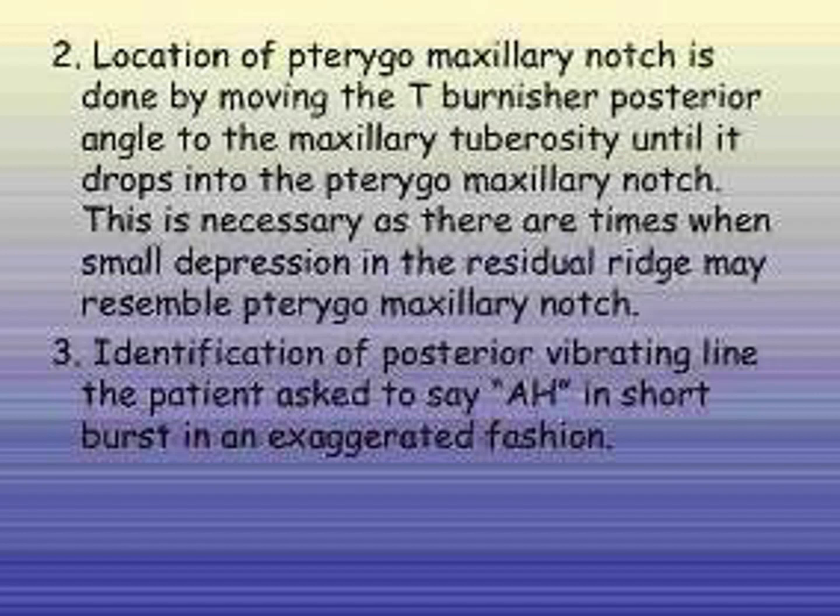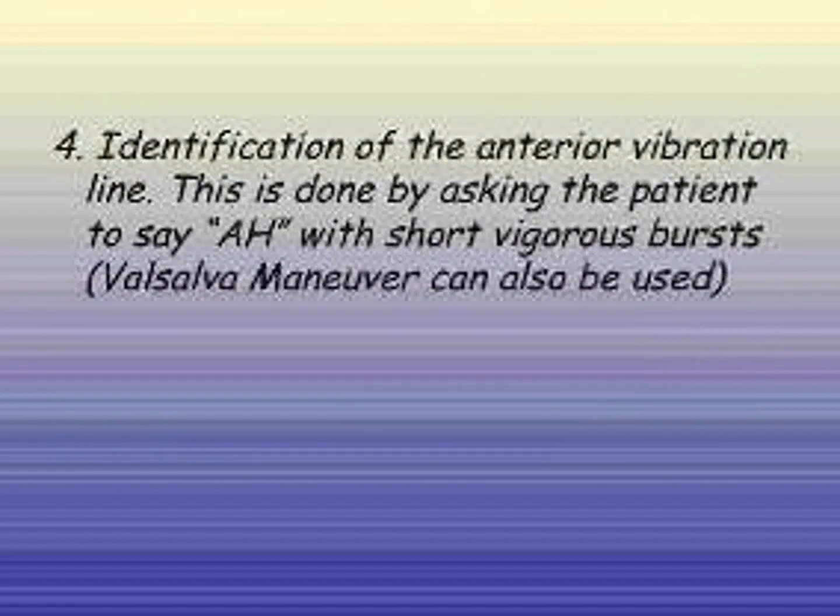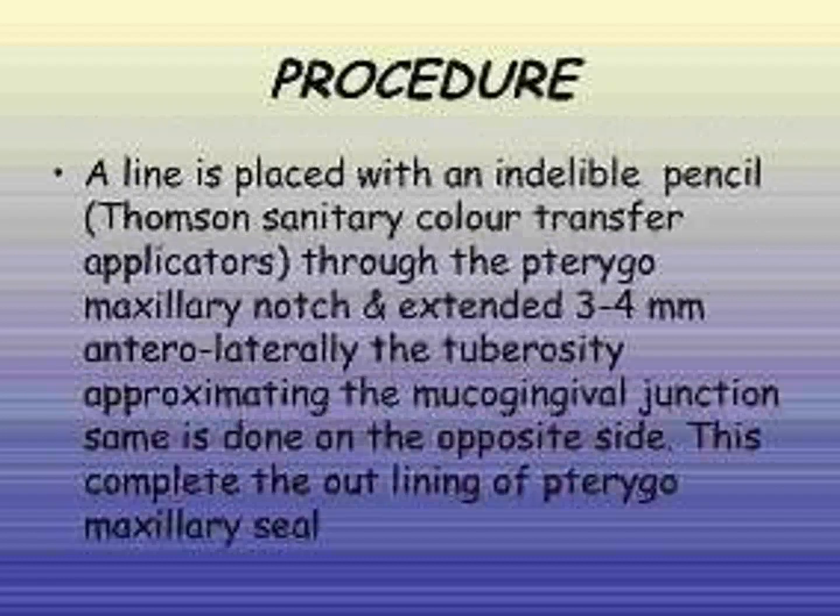An indelible pencil is used for marking this hamular notch on either side, and then the patient is asked to say "ah" in a short burst for recording of the anterior vibrating line. The patient can also be asked to perform Valsalva maneuver for recording of the anterior vibrating line.